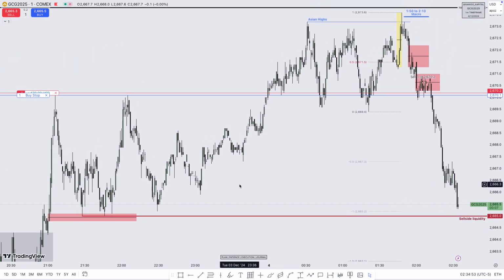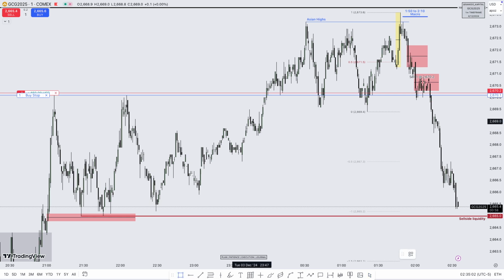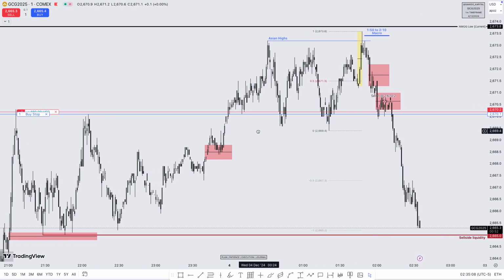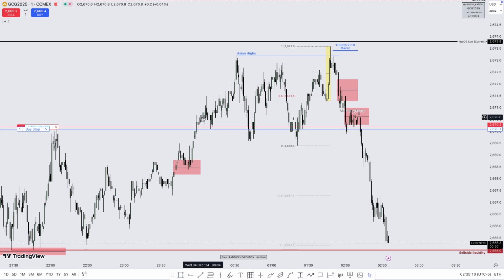And then second stage occurred right here. There's a bunch of volume imbalances and fair value gaps right there. Let's take that. It's a fair value gap on 2 minutes. And then you have this, or you can take this as a second stage.